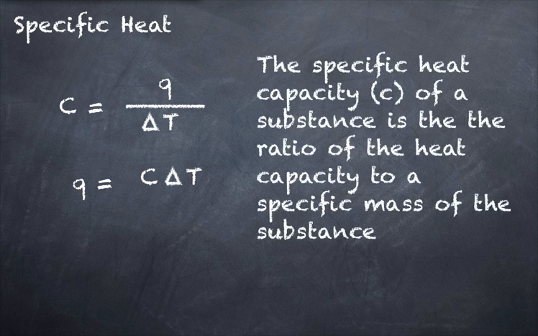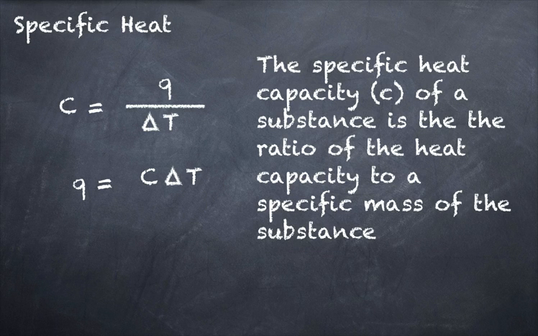Now, the heat capacity, remember, is any amount. You don't have to know a specific weight. It's just the generic ratio of that material. If you're talking about a specific mass of a material or a substance, then you would use the specific heat capacity. It's designated as a lowercase c, and the specific heat capacity is very similar to the heat capacity.